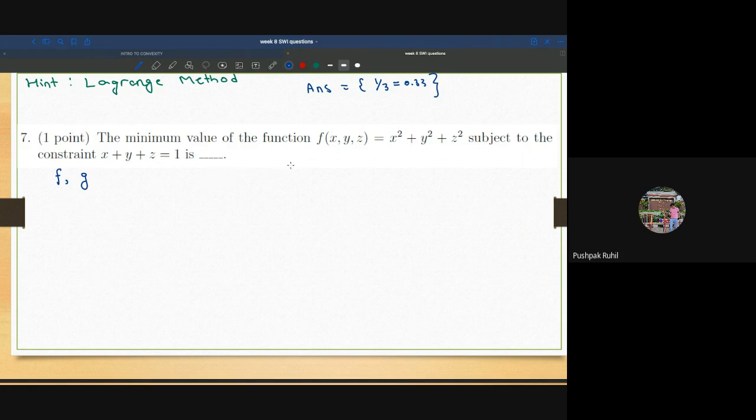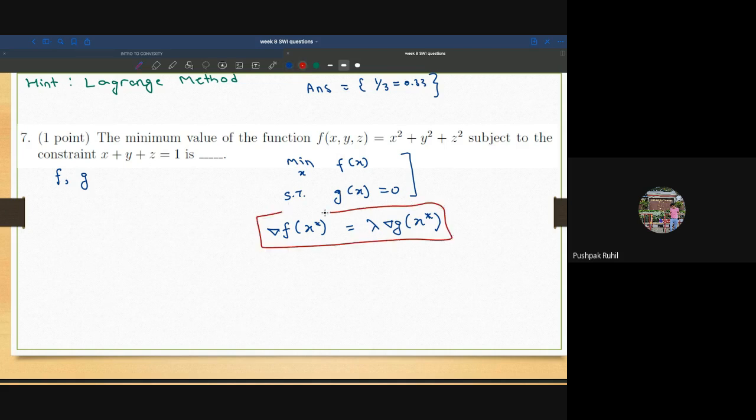If we have a constrained optimization, something like minimize f of x over x, such that g of x equals 0, then we have this equation, where lambda is a constant and it can be positive or negative.